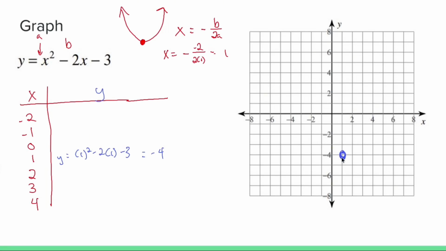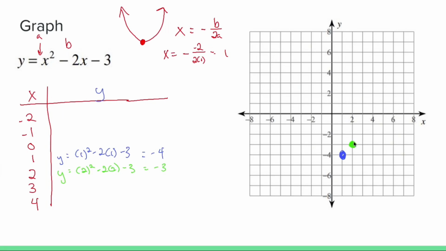That's going to be my minimum value where my vertex exists. Let's try it again. Let's plug in 2, so I get 2 squared, which is 4, minus 2 times 2, which is also 4. So 4 minus 4 goes away. Minus 3 is negative 3. So 2 is going to be negative 3.